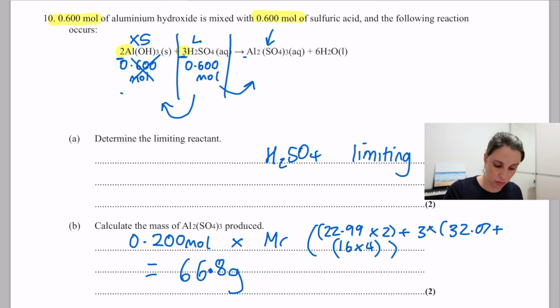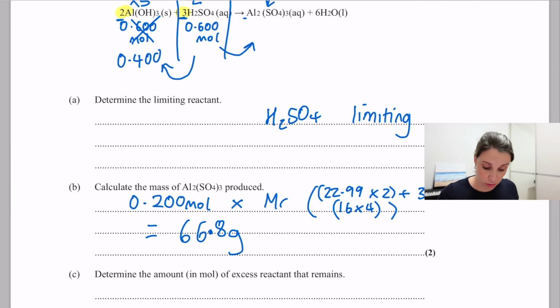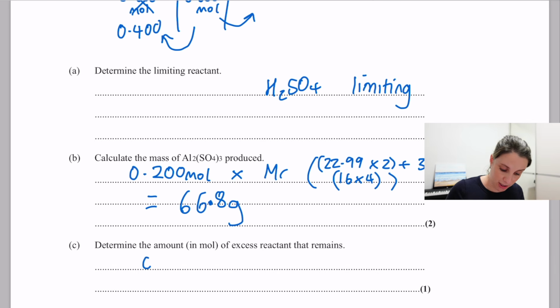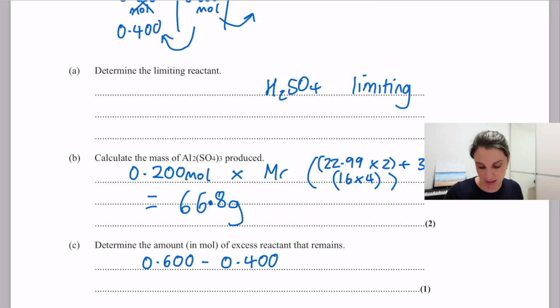So that means the moles that would actually react is 0.400. So to get the overall leftover stuff, I'm going to take 0.600, which is what we started with, minus the 0.4, which is what would have actually reacted, to give me 0.2.